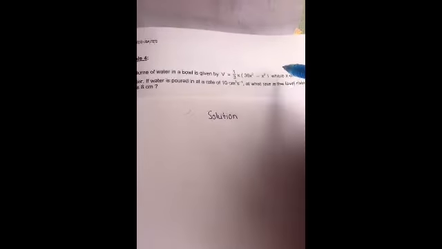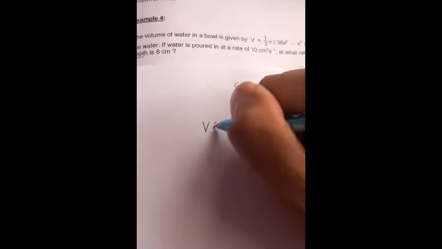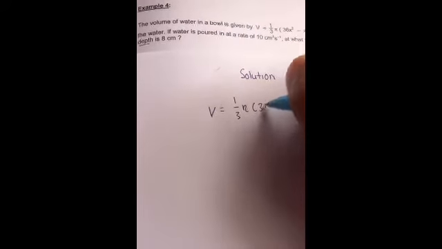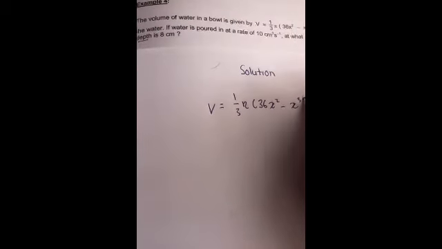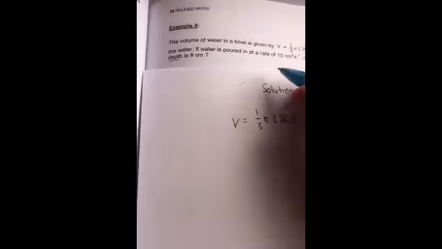Firstly, we must take the information in the question and write it in our solution. The volume of water is given by V equals 1 over 3 pi (36x squared minus x to the power of 3), where x is the depth of the water.